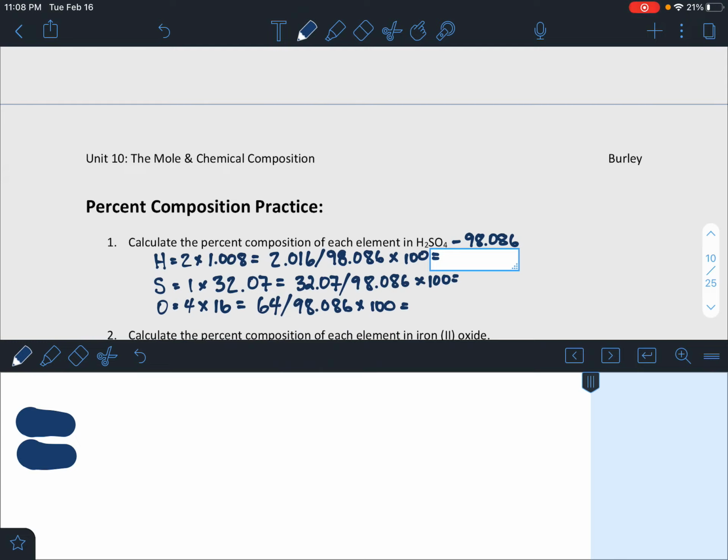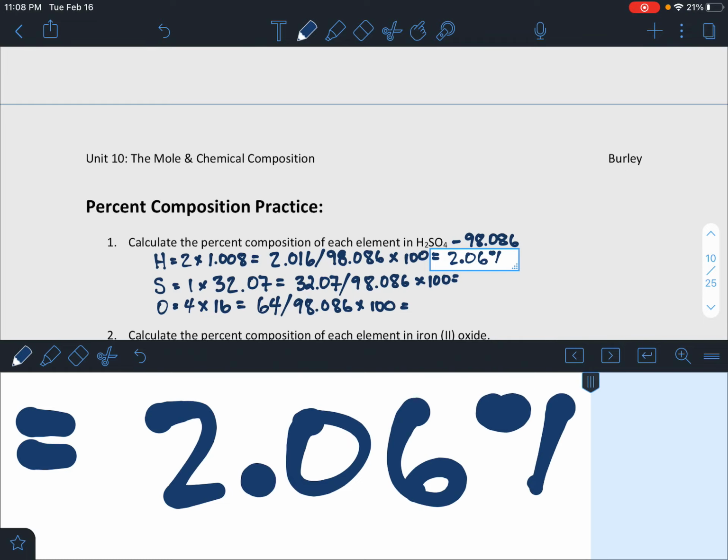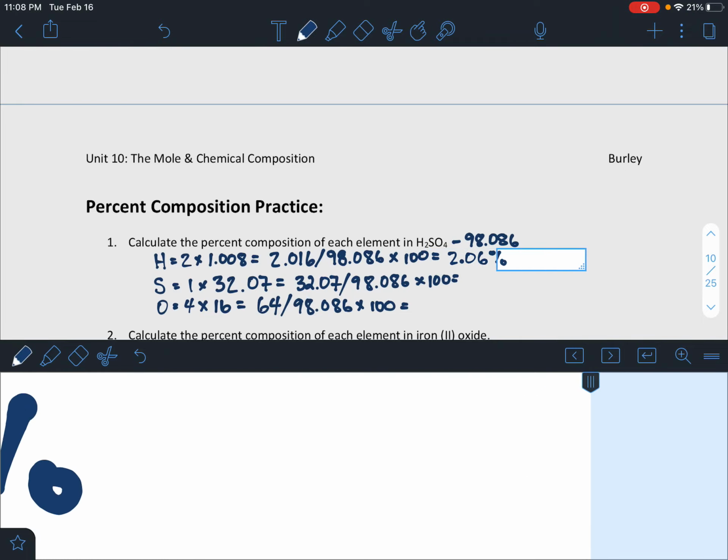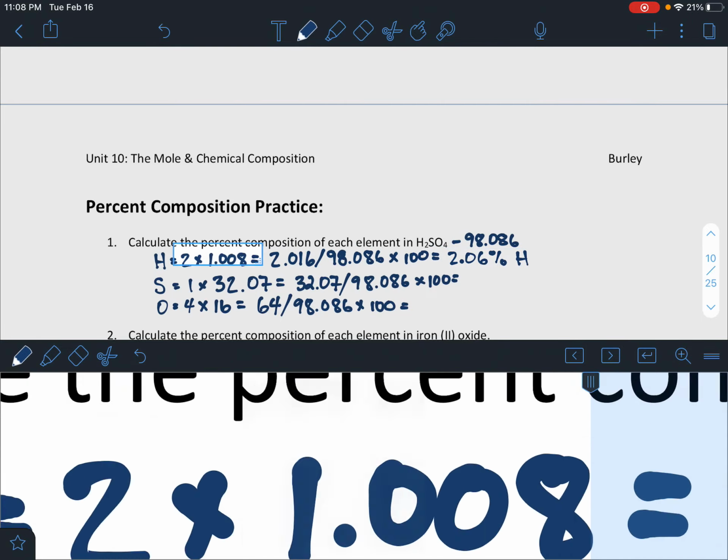In terms of the decimal places, you can go to 1 or 2 decimal places. Just be sure to round properly. I'll go to 2 decimal places. So I'll put 2.06%. And I always put whatever element I'm talking about after it.